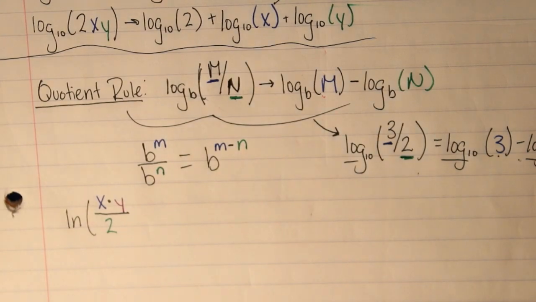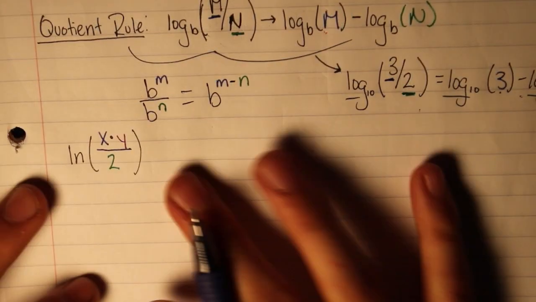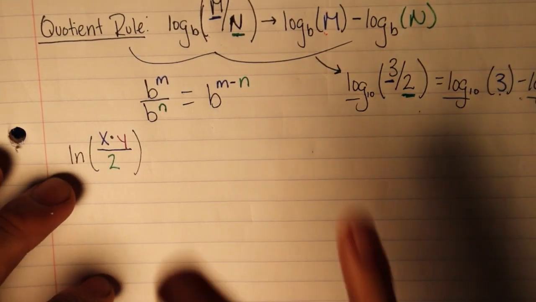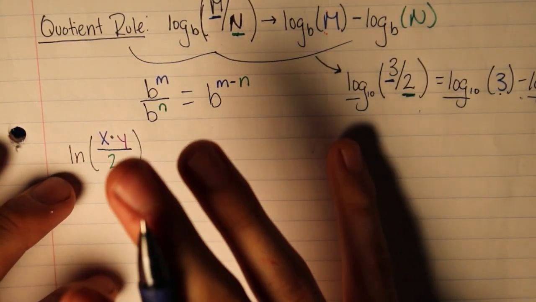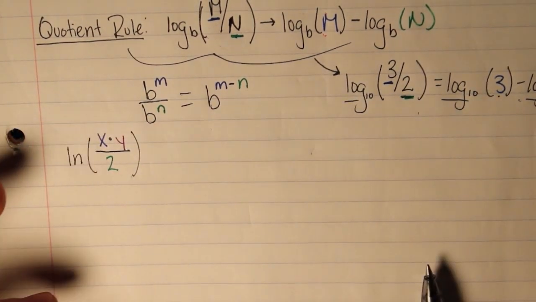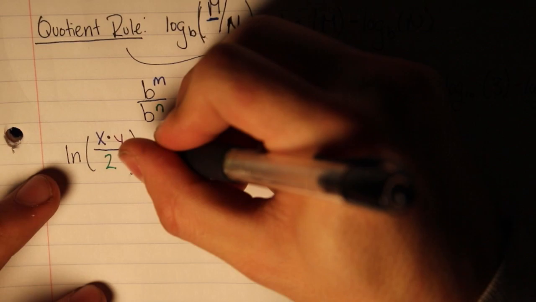All right, and I wrote in different colors so you guys can see what I do. The first thing I'm going to do is the quotient rule. I'm going to separate the numerator from the denominator, okay?